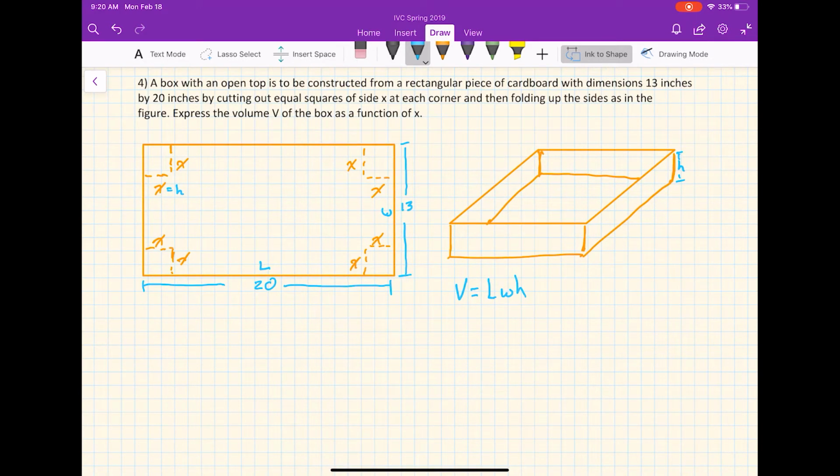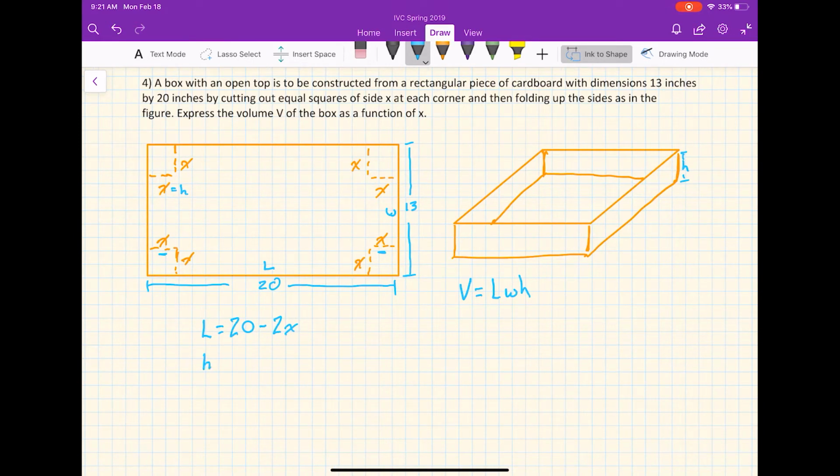Anyway, we just need to find our length, our width and our height. So our length is 20 minus 2x, because we're cutting out 2 lengths of x from the corners there. This x and this x. So we're subtracting those 2.